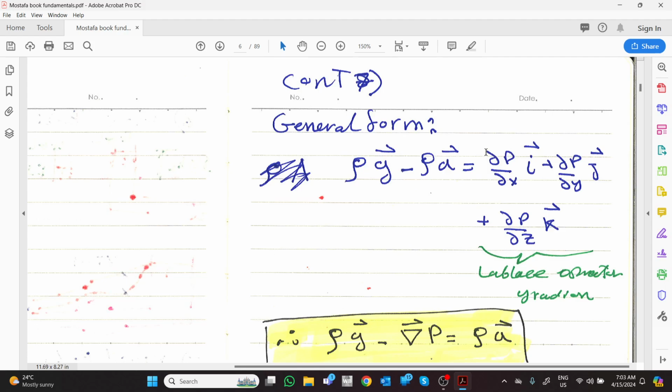But why do we need to write it like this? Because this form, we name it the Laplace operator, or the gradient. It is the rate of change of a function, the partial change of the function with respect to each axis, whatever axes you have. You have three axes.